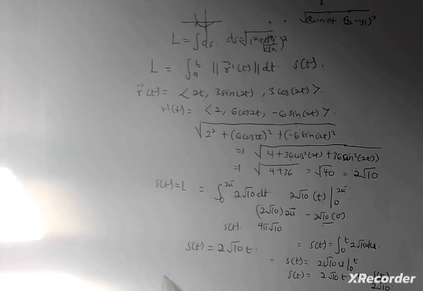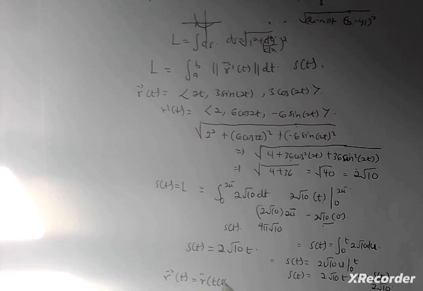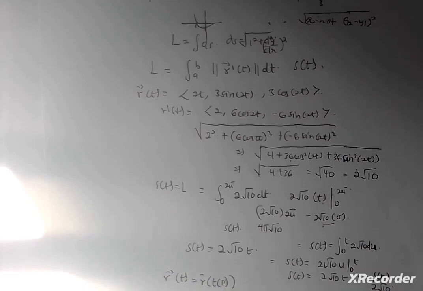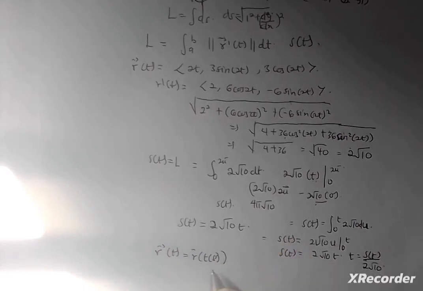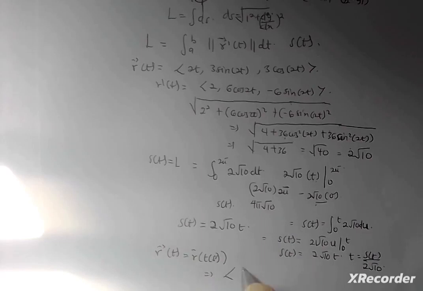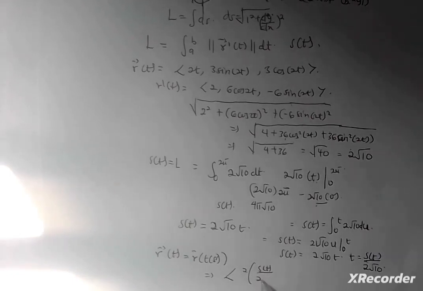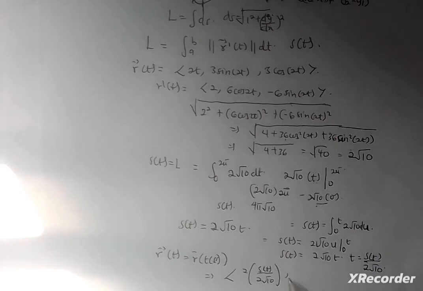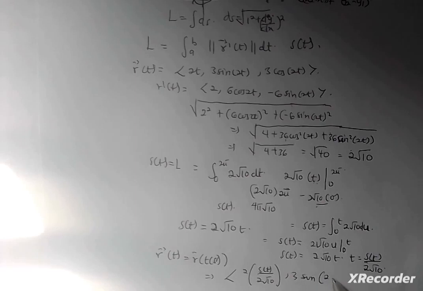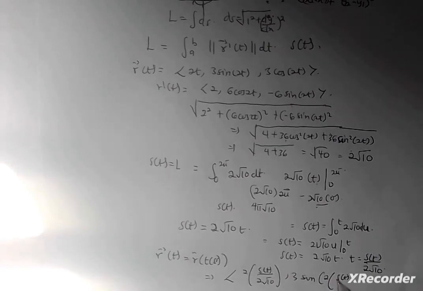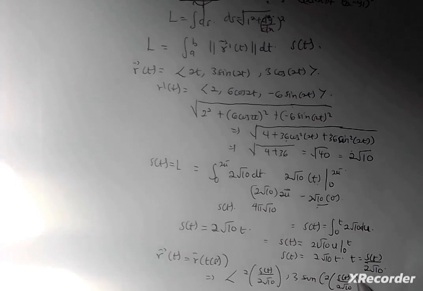So now my function, which was r of t, is now going to be r of t of s, meaning we are going to get a function in s. So this is going to give me angle bracket 2 times s of t over 2 root 10, comma, 3 sine of s of t over 2 root 10, comma, 3 cos of s of t over 2 root 10.